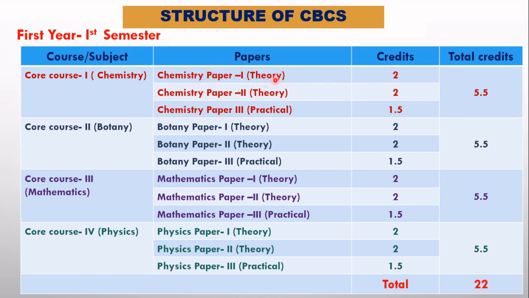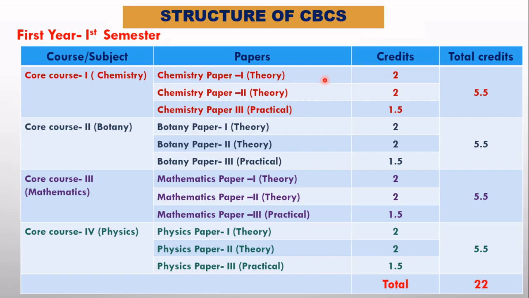These two are theory subjects. Each theory subject will have two credits. So two for theory paper first and two for chemistry paper second. For first year, the practical paper will be of 1.5 credits. So there will be only 1.5 credits for the chemistry practical paper for each semester of FY BSc.